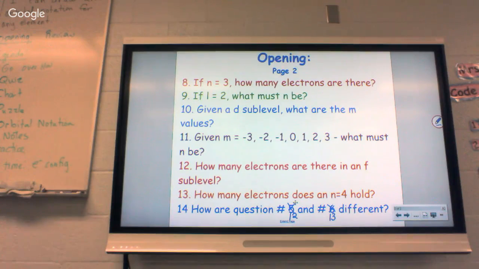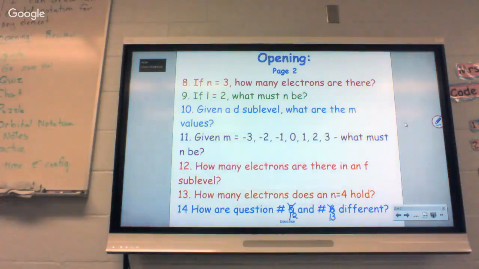All right, so if n equals 3, how many electrons are there? I like 18. How did you get 47? I'm with you on the 3s, 3p, and 3d. I'm good with that. How'd you get 3, 15, and 29?